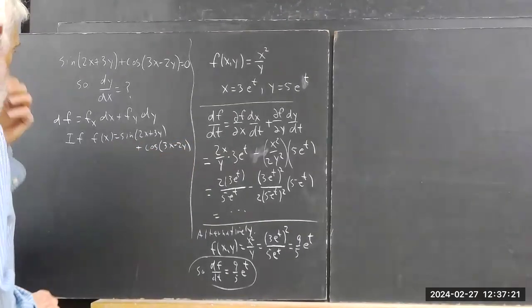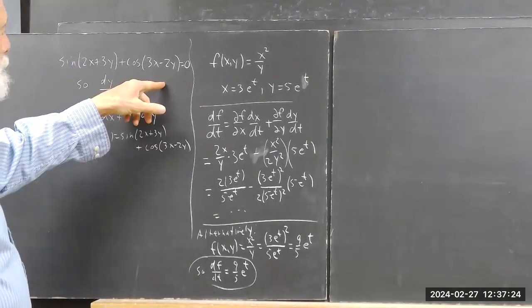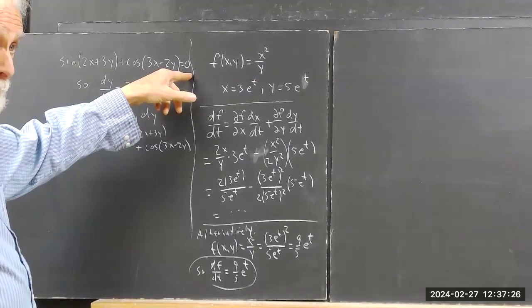Fx equals this, and we just do the differential of this. And of course, the differential of this side would be 0, right?